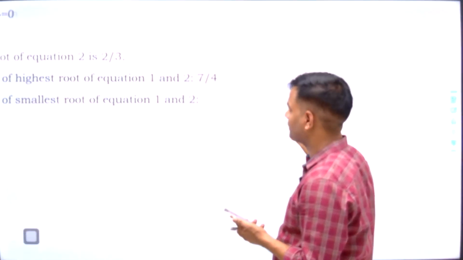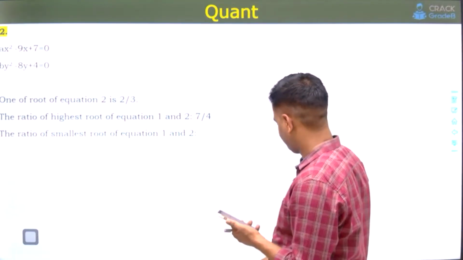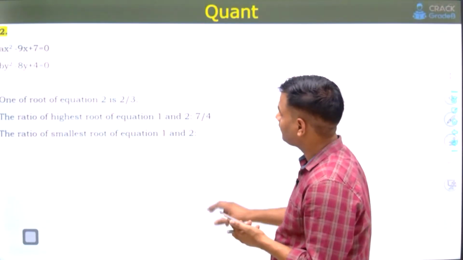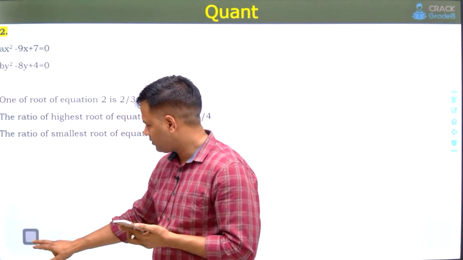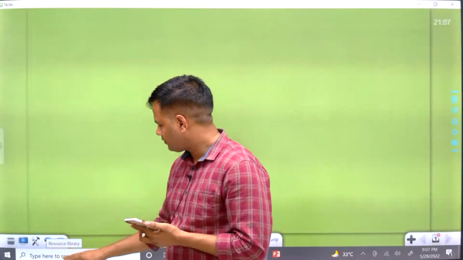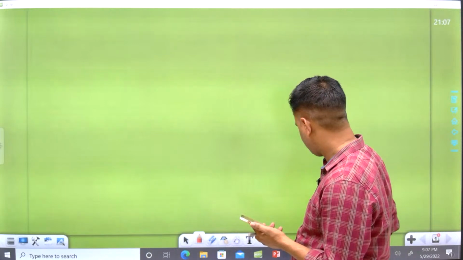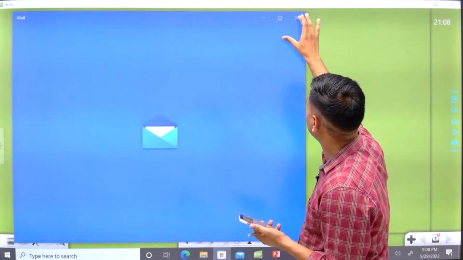One minute. I have to set the screen visibility.